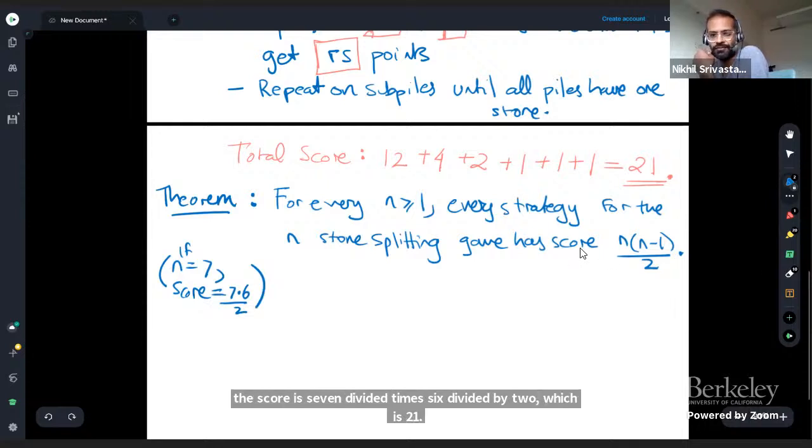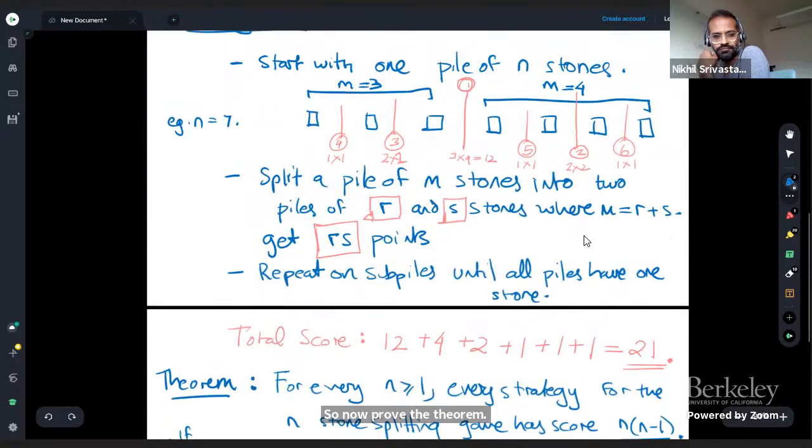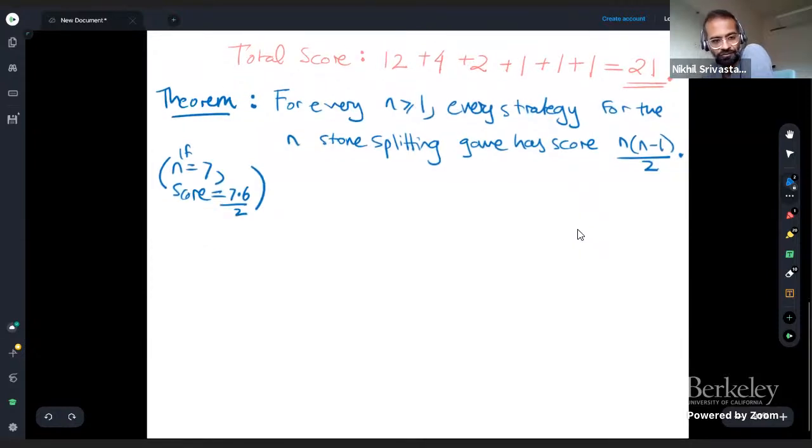So we'll now prove this theorem by strong induction. Okay, so let's see the proof of this. So again, I need to specify what my P of n is.